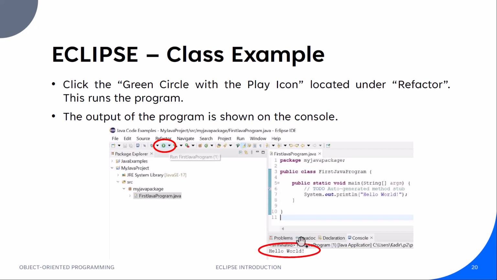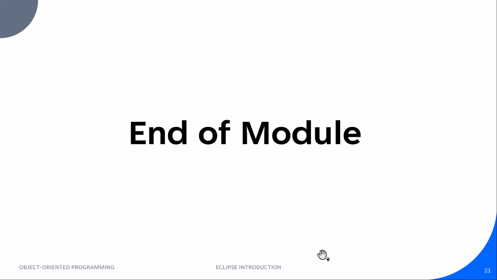As you can see, there are some tabs over here, and the console is already highlighted for you, and you'll see the result of your program, which is printing out the string "Hello World." Now, this is the end of our module.